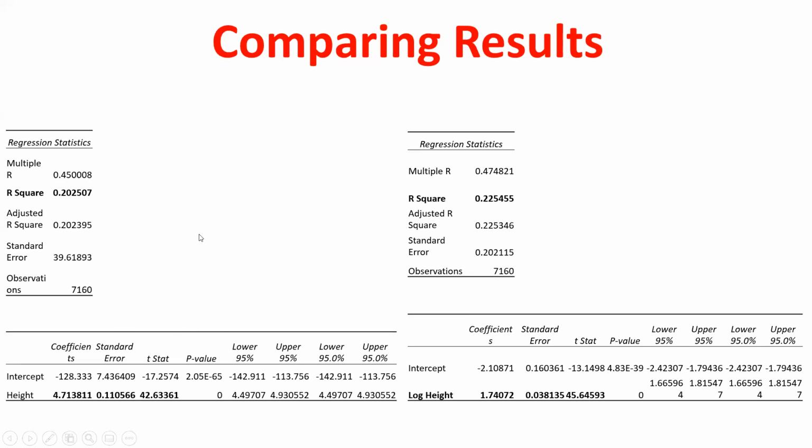Well, if I'm explaining 22% of the variation in y here, but only 20% over here, then this is going to be the model that's more accurately capturing the relationship between height and weight. So if I'm trying to make predictions, I might want to base my predictions off of this model. Okay.